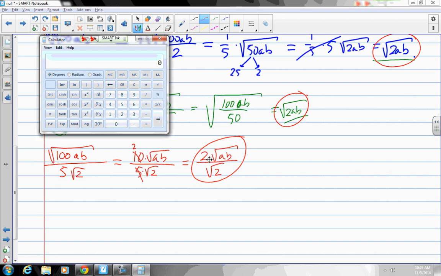Now, the coefficient in front of the last answer is 2 divided by the square root of 2, right? Well, what is 2 divided by the square root of 2? It's the same thing. So really, the square root of 2 is the same as 2 divided by the square root of 2. They are numerically equivalent.